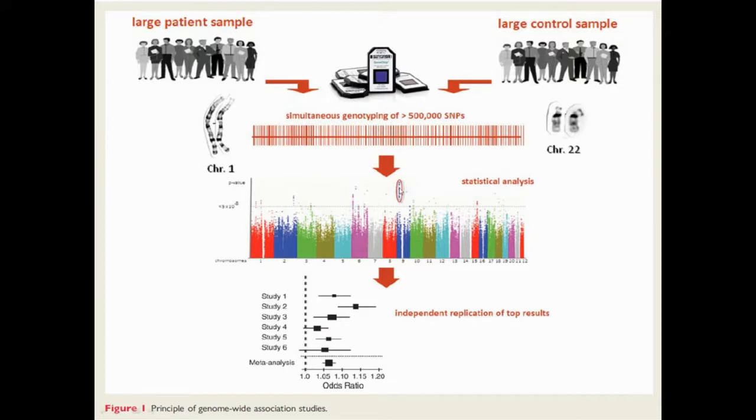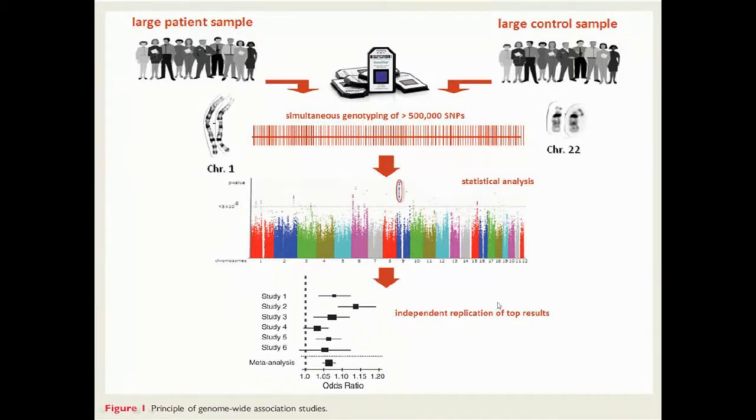And as you can see here, there is a peak, and the y-axis is the p-value. So higher values mean lower p-values, so more significant. So this is a really very significant signal. And then typically what you do is you contact your colleagues all around the world with different studies, and you ask them, can you replicate our signal?